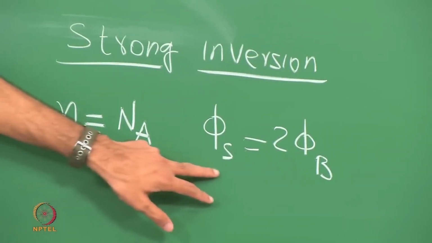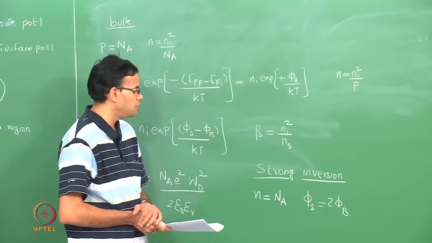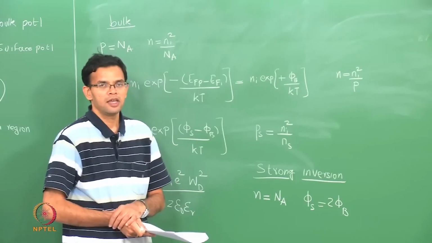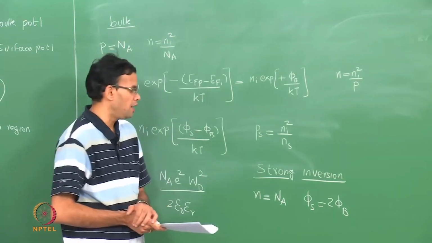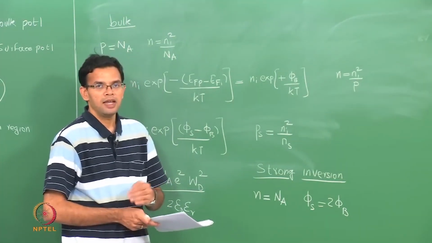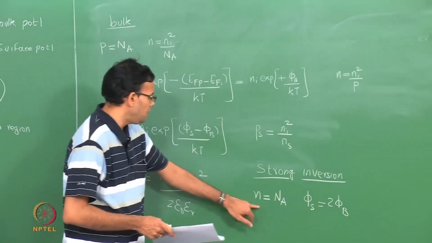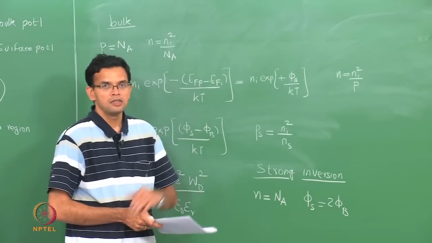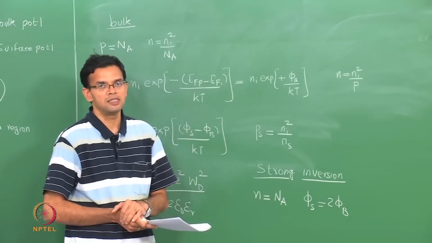So, this we can understand because phi b is the location of the Fermi level with respect to the intrinsic Fermi level. In the case of p type, this Fermi level is located below EFi, and now if I make it N type, the Fermi level goes above EFi, and when N is equal to Na, the distance of the Fermi level from the intrinsic will be the same.